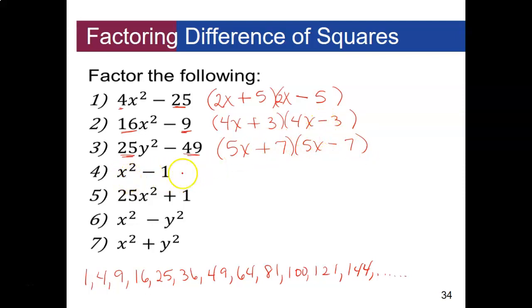Here we have x squared, so we square just an x to get x squared, and we square a 1, and we'll have opposite signs. This one we have an addition sign, so it's going to be not factorable.